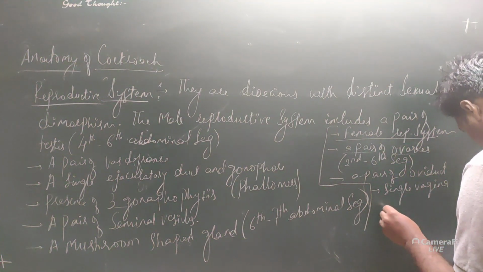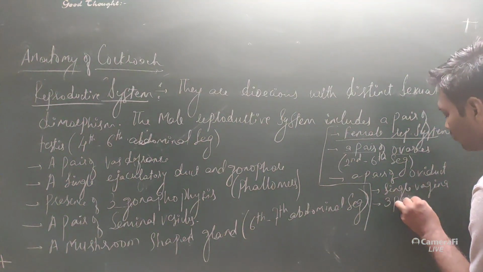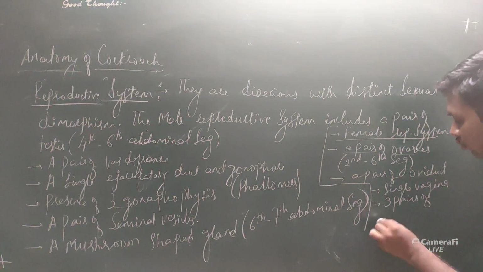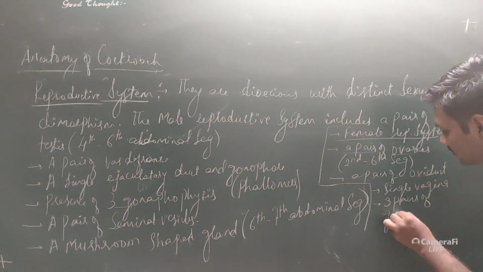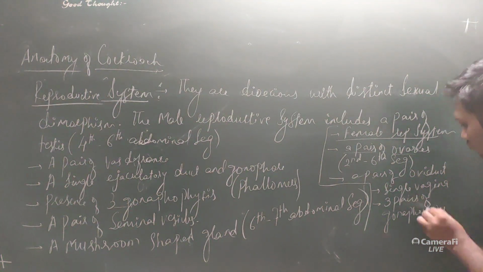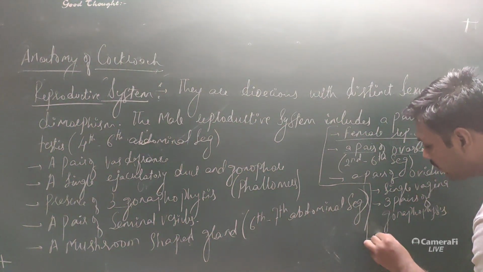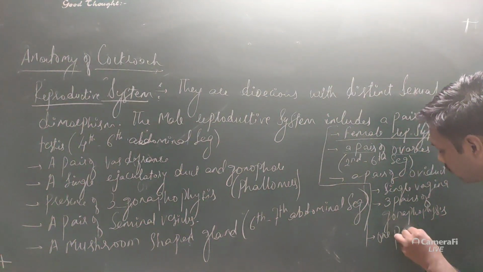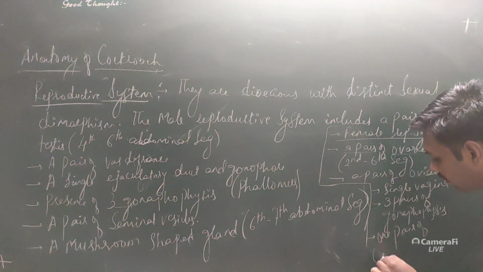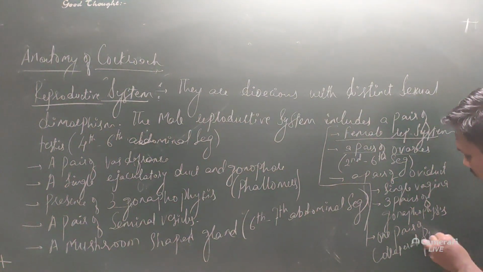Then 3 pairs of gonapophyses, and 1 pair of collateral glands.